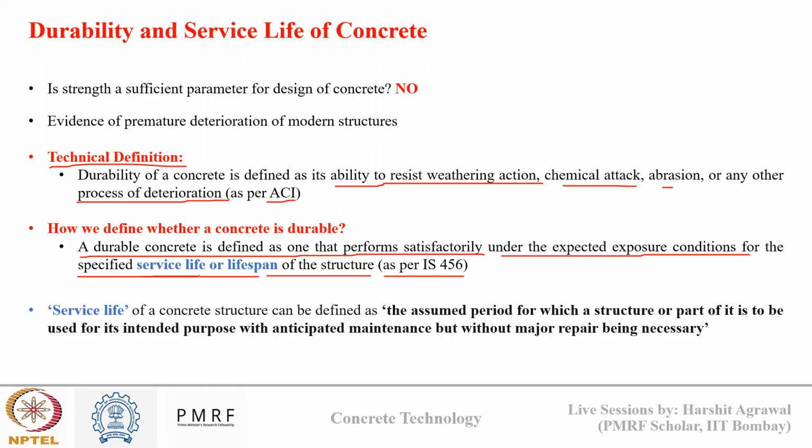Okay, so it's not like I have prepared a concrete and it will last for a lifetime. No, concrete will naturally degrade over time. And that natural degradation is what we consider while designing the concrete in terms of service life. There is always a natural degradation that will happen in concrete due to the exposure environment, and that is what we consider initially while designing the concrete.